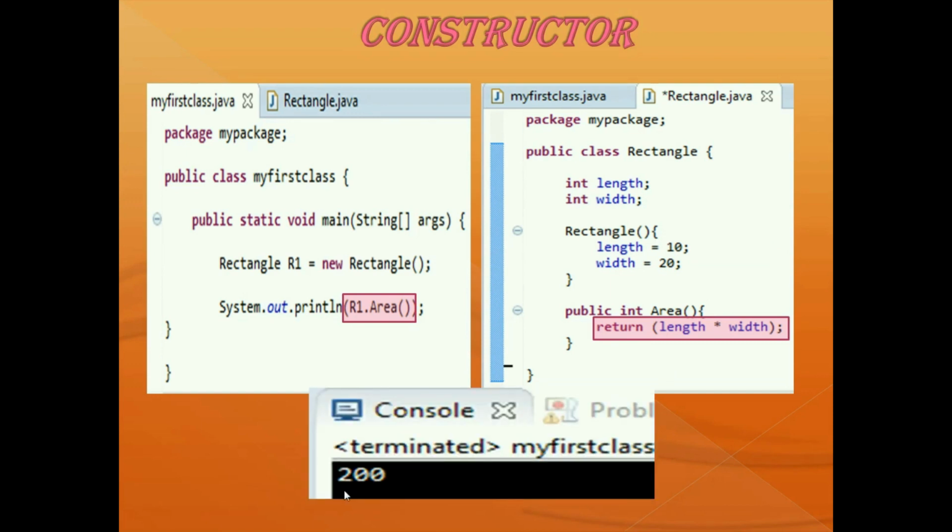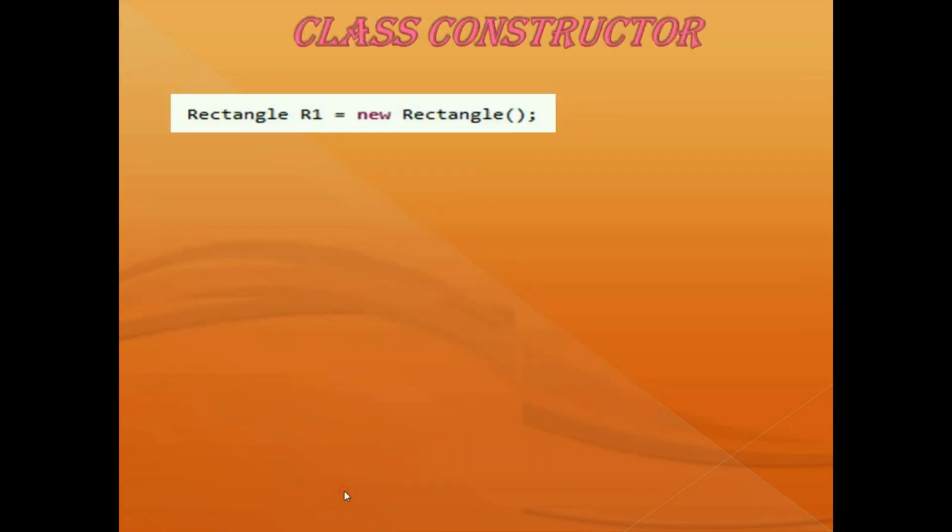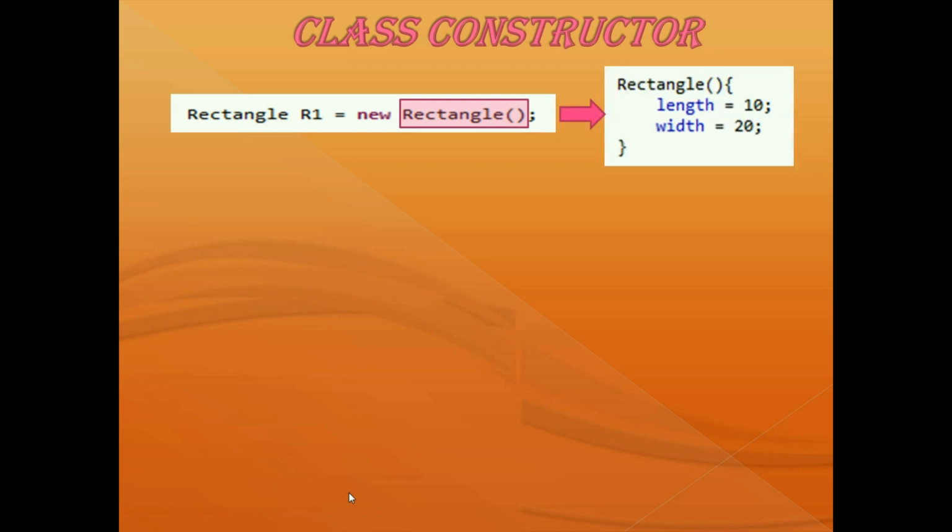Okay. Now let's talk about the memory details of exactly what happened when a constructor is being used. So here I can say R1 is the new Rectangle, the instance of the Rectangle class, and the right hand side of the statement is the part where the constructor gets called and all the statements within the constructor start running. Okay, so this is the memory location.